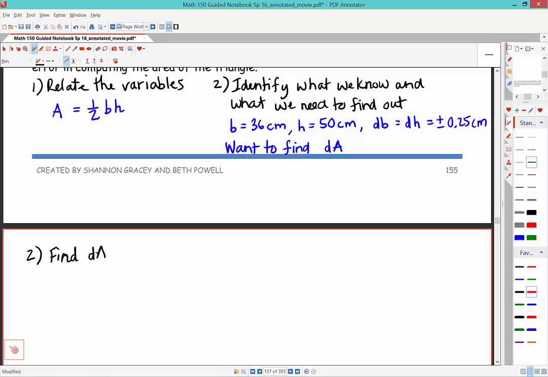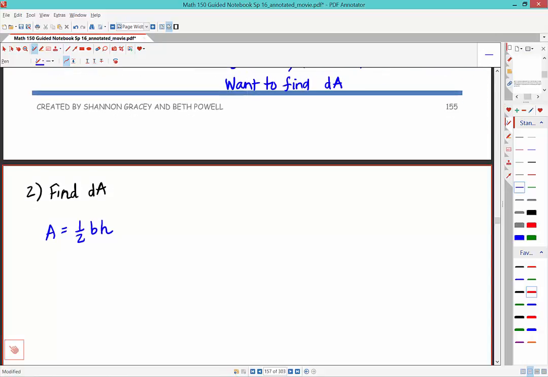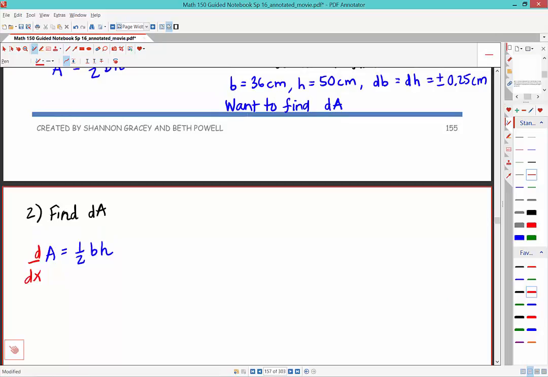dA. So when we are finding dA, let's write our area formula again. Half times base times height, right? So here we're going to end up with what? If we differentiate both sides, why don't we just do it with respect to x? It's really not going to matter, okay? It's not totally proper, all right, but don't tell anyone.